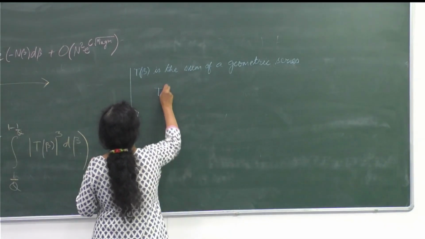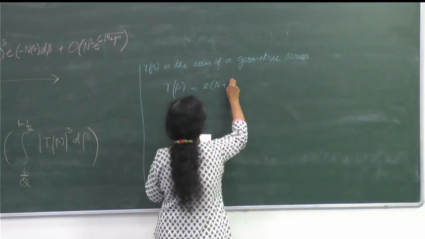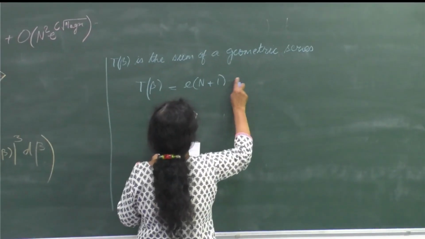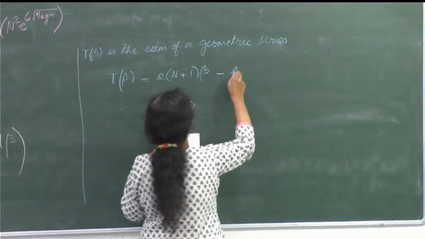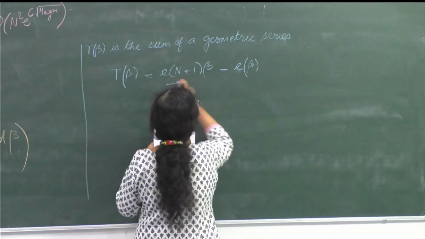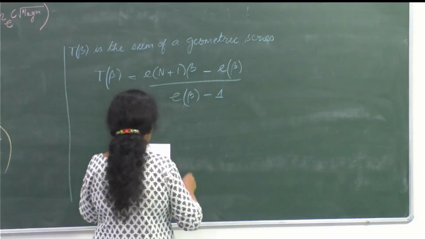So T beta is equal to exponential of n plus 1 beta minus exponential of beta, over exponential of beta minus 1. Okay.